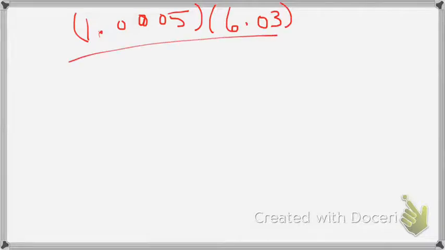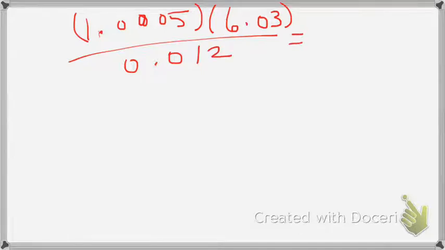1.0005 times 6.03, divide that by 0.012 equals.